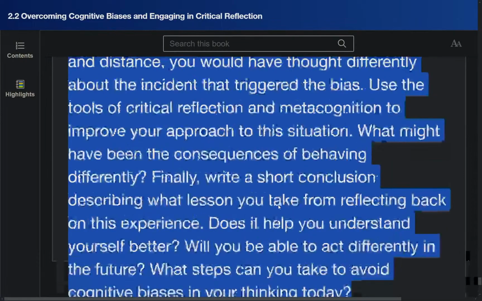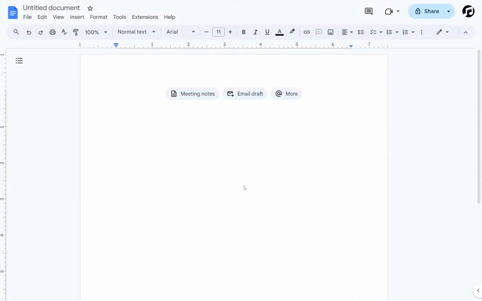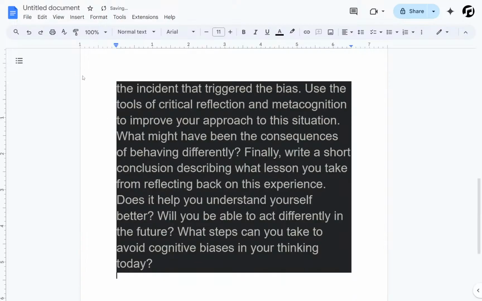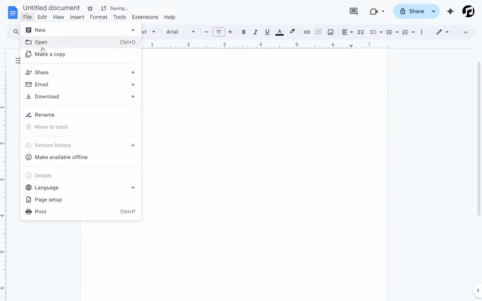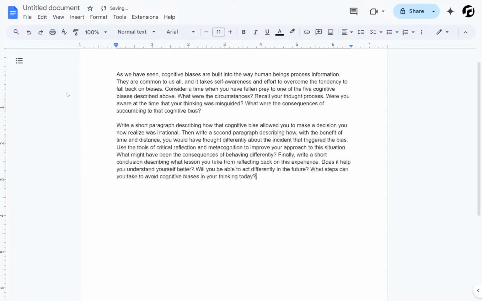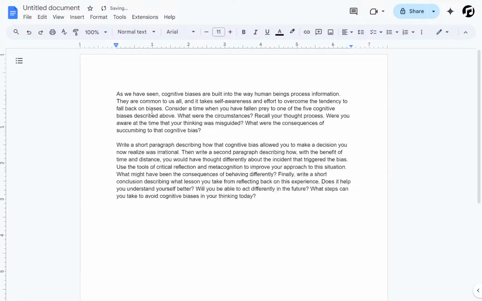Let's copy this, paste it here. Paste, how do I paste? Paste without formatting, yes. Let's consider another confirmation bias that I have fallen into.